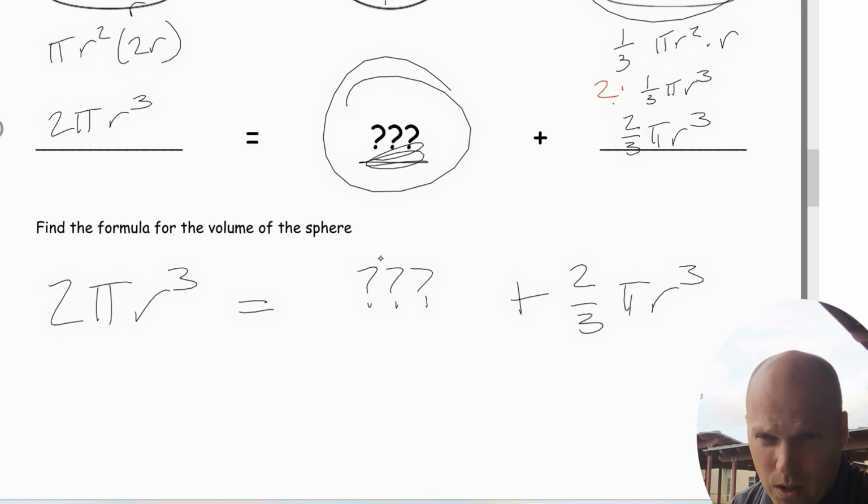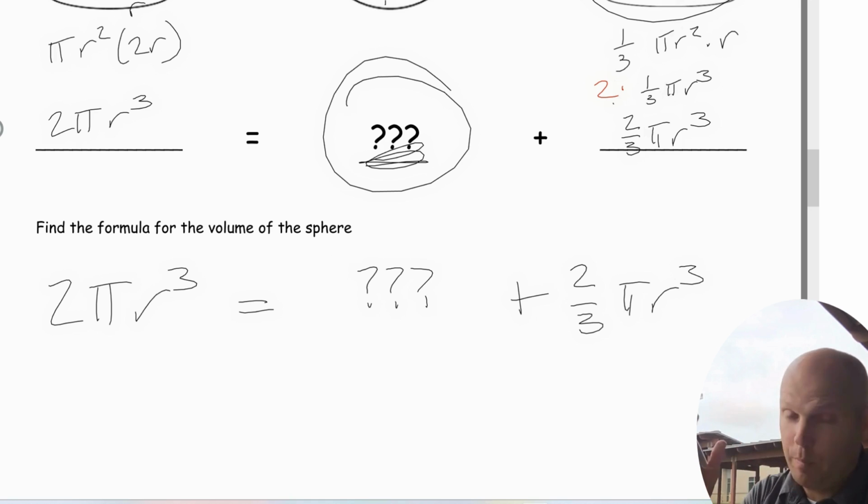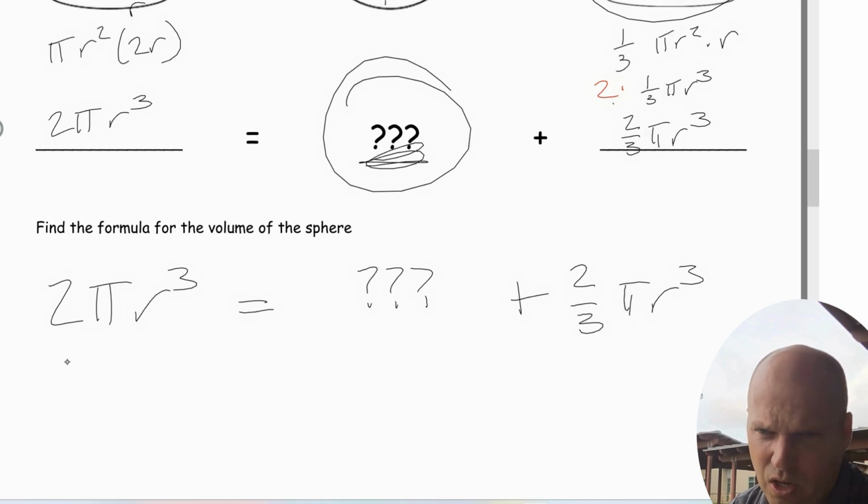How many more pi r cubes do we need to take these 2/3 pi r cubed and make these 2 pi r cubed? Well, 2 pi's are like 6/3 pi r cubed.